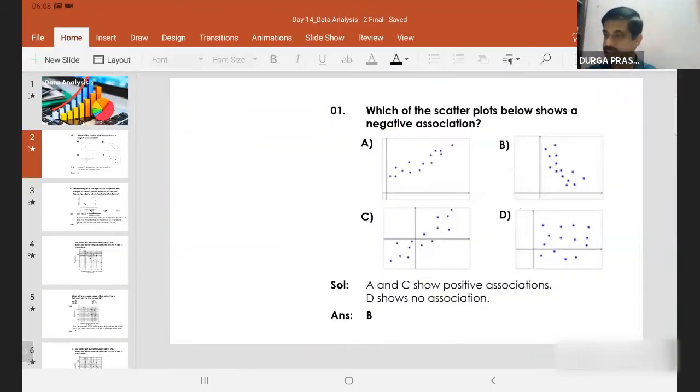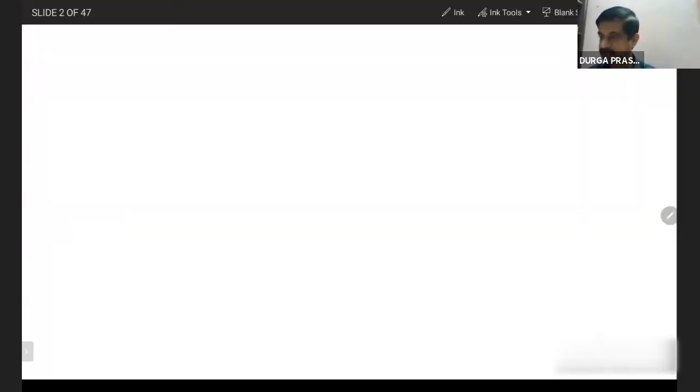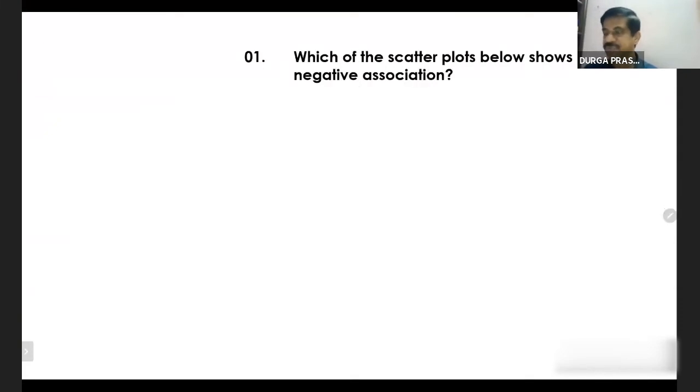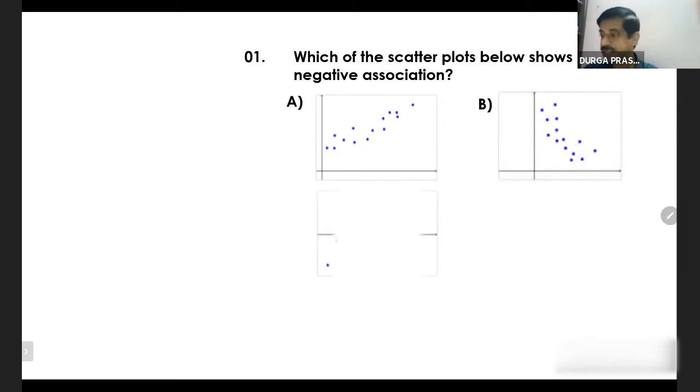Let us go to this slideshow now, solving questions. Now look at this. Which of these scatter plots below show a negative association? This is option A, option B, option C, and option D.